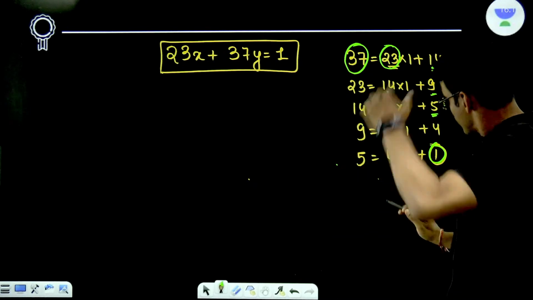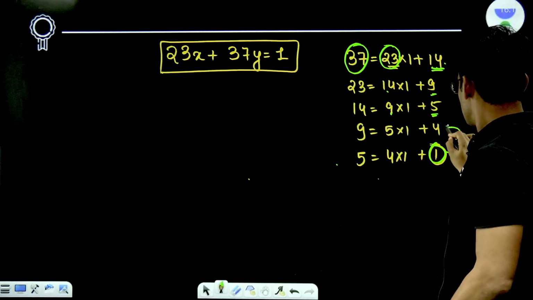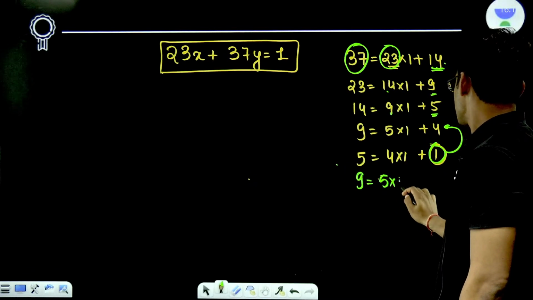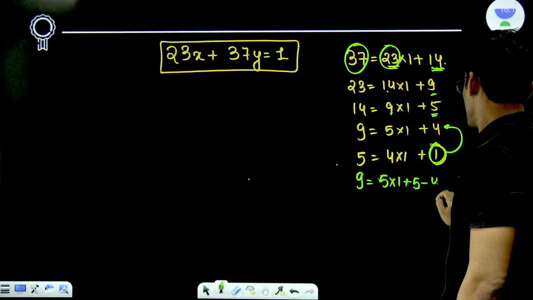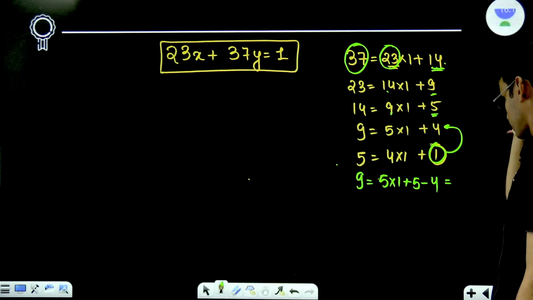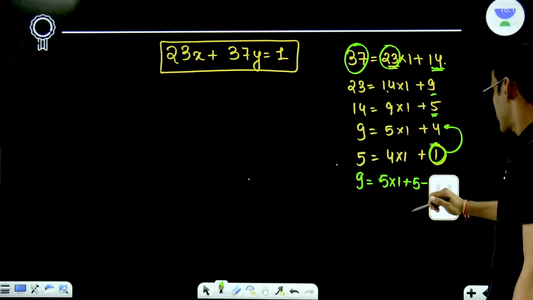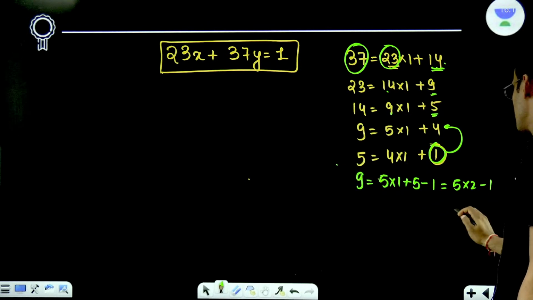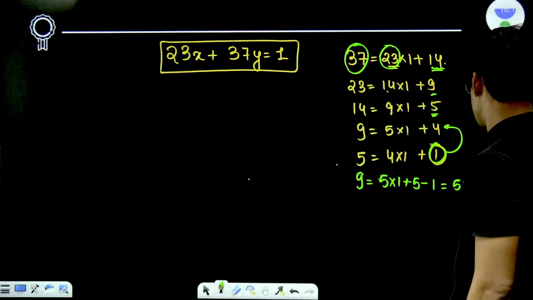Finally, let's write 9 as 5 minus 4. This gives me 4 as 5 minus 9, and this gives me 5 times 2. This equation is helping me.